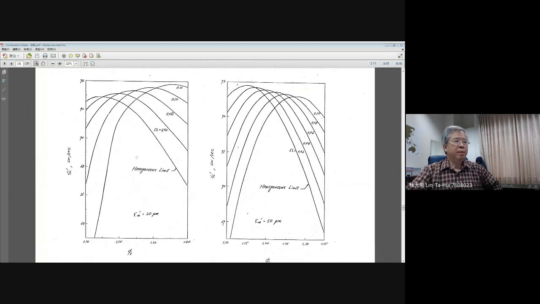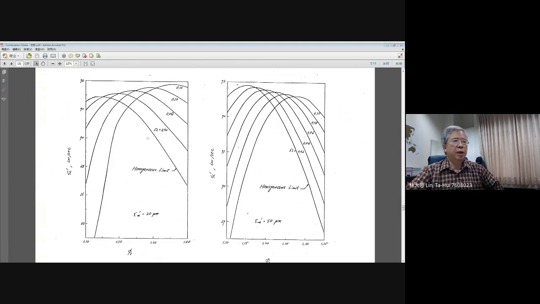The left-hand side is the spray with small droplets, where the droplet radius is around 20 micron, and the right-hand side is the spray with a larger droplet radius of 50 micron. You can see the flame speed distribution.